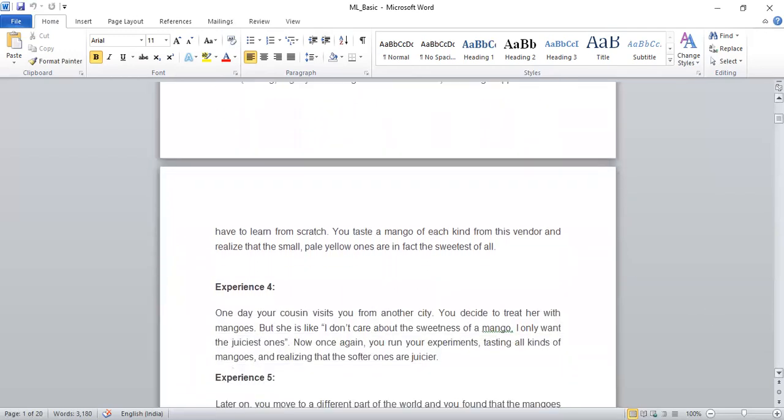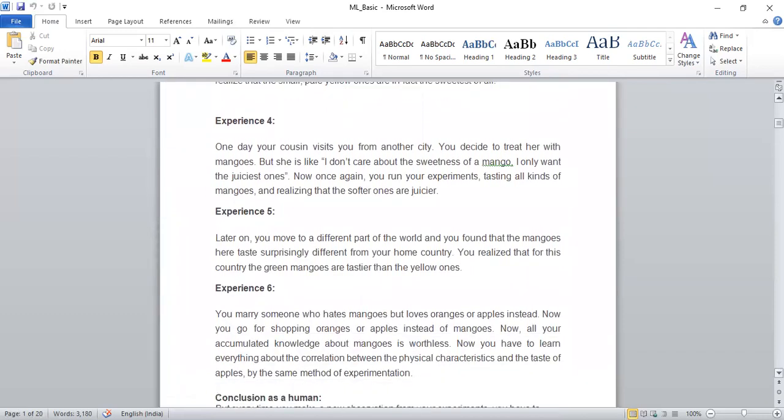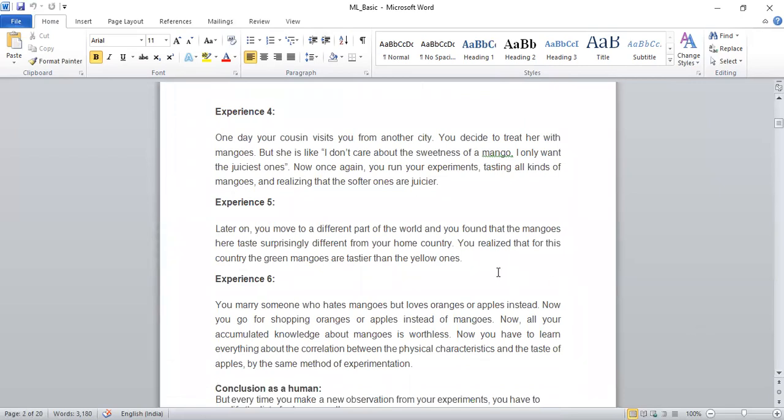Now experience 4. One day your cousin visits you from another city. You decide to treat her with mangoes, but she says, I don't care about the sweetness of a mango, I only want the juiciest ones. Now, once again, you run your experiments, testing all kinds of mangoes, and realize that the softer ones are juicier.